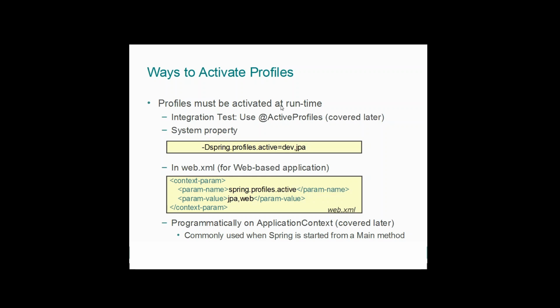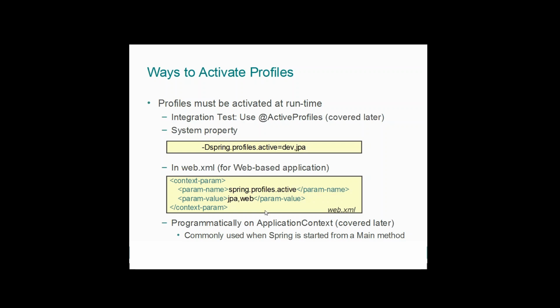Using a JUnit test, you can use the active profiles annotation to activate them. During a standalone run, you can use the -D option with spring.profiles.active equal to a profile name. In case of web, you can use the context parameter. So these are the three different environments.